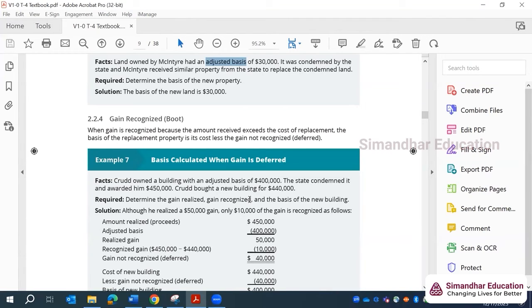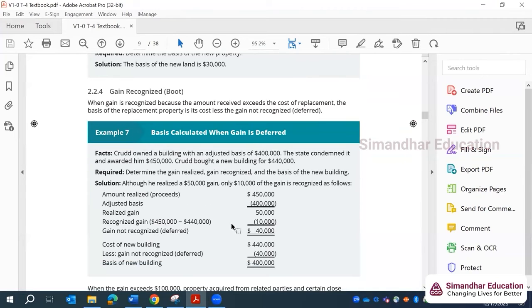How much of the gain did he keep in his pocket? He kept a gain of $10,000. So the gain that he has kept with him and has not reinvested, what is going to happen to that? It will be taxable, and he will have to pay taxes on it.